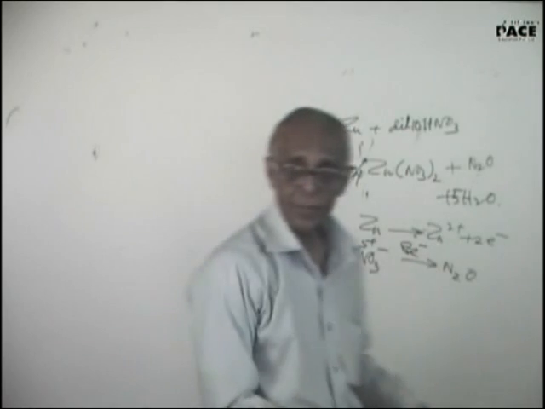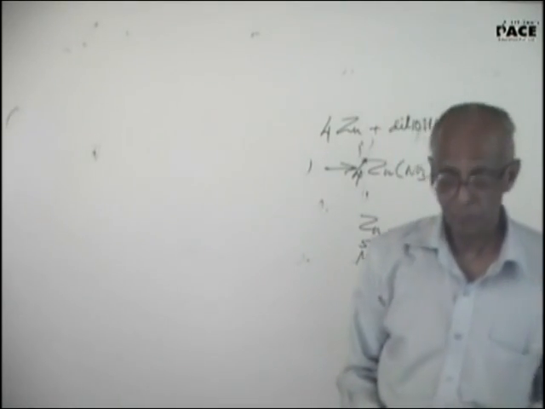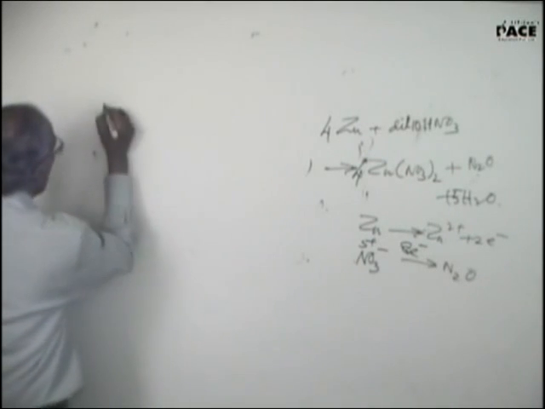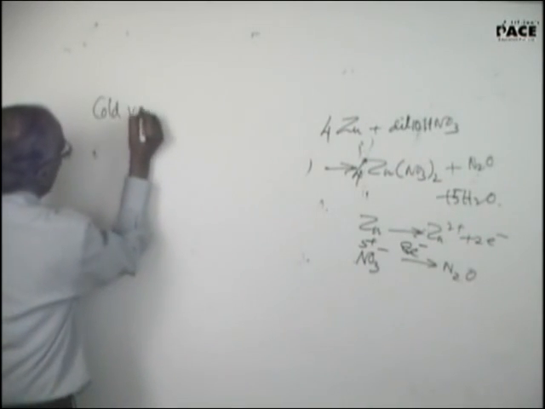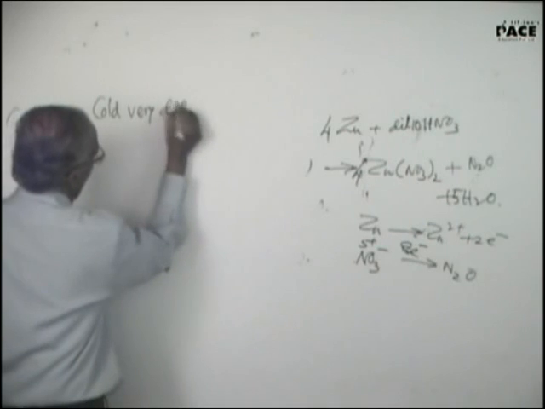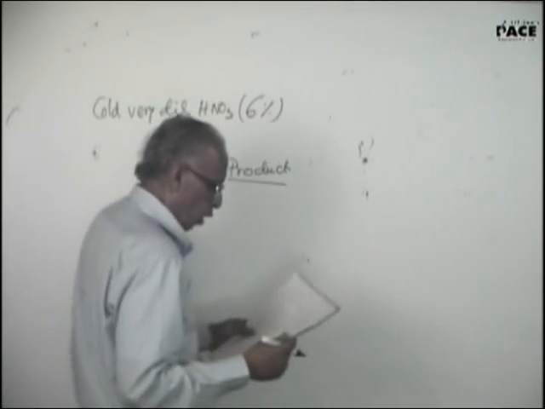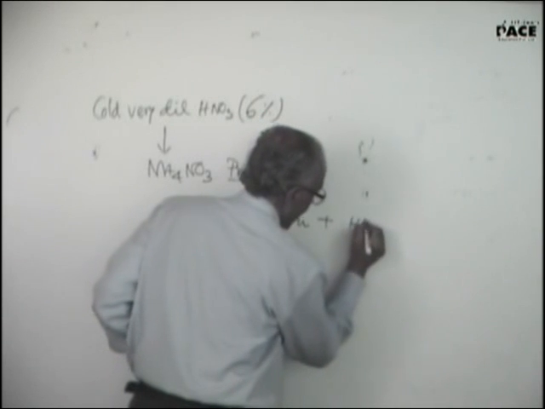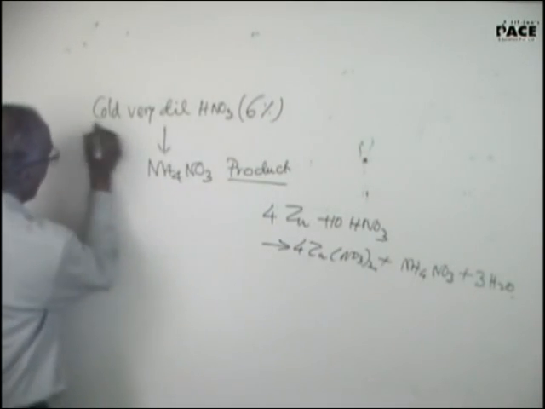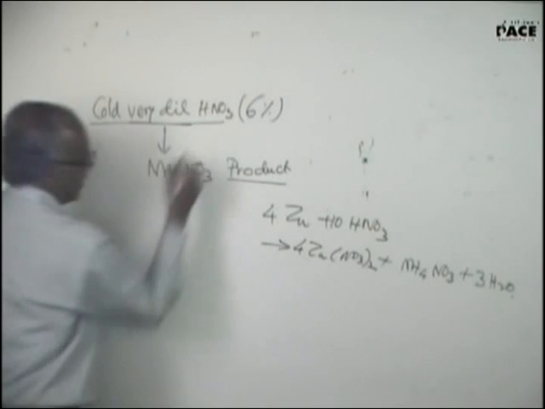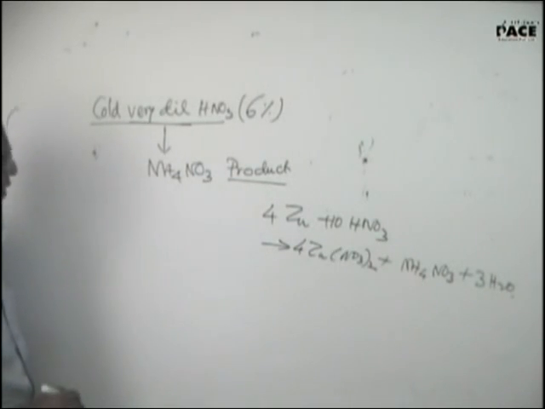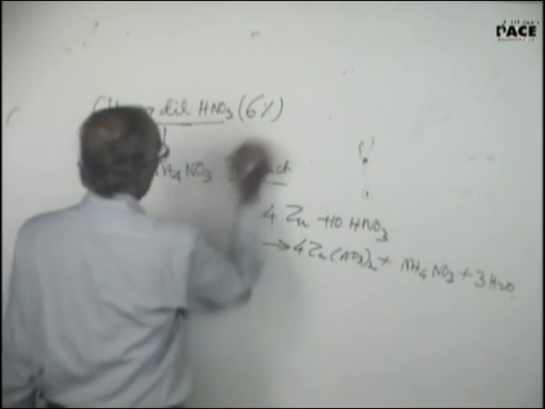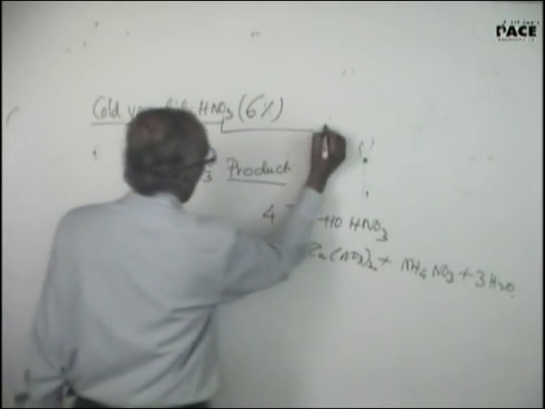Now with cold, very dilute nitric acid. So zinc plus nitric acid. If you take a cold, very dilute nitric acid, it gets converted to ammonia.